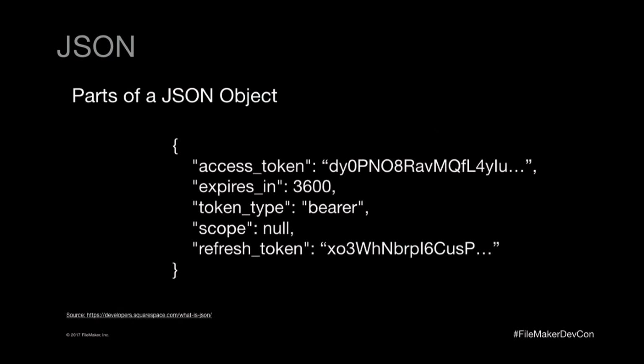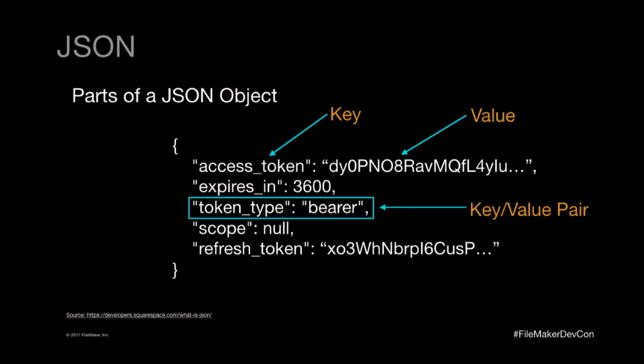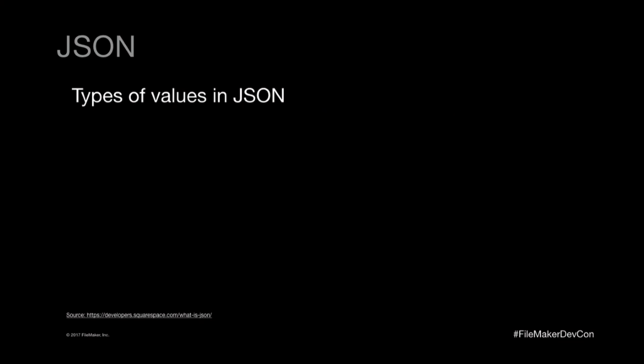We have a JSON object, and it has some parts. One of these is the key, which is the equivalent to the field name, or the attribute name if we are going to compare it to an XML file. Then the value, and the combination of the two is what we call a key value pair. We can have different types of key value pairs.